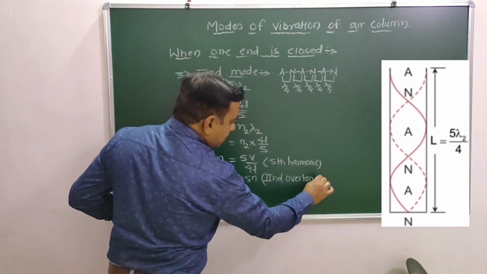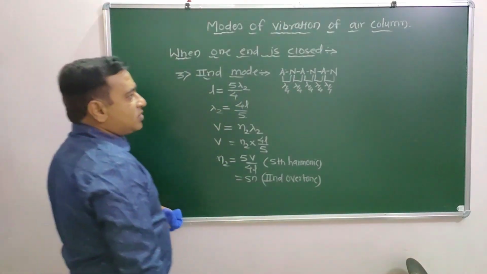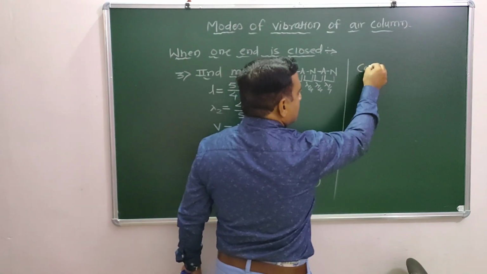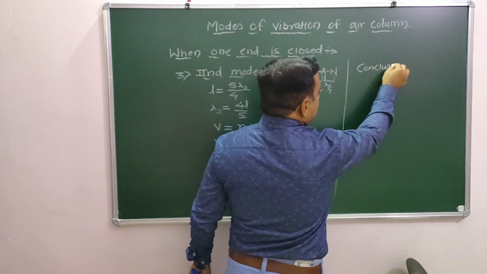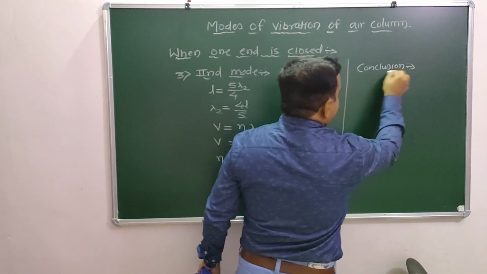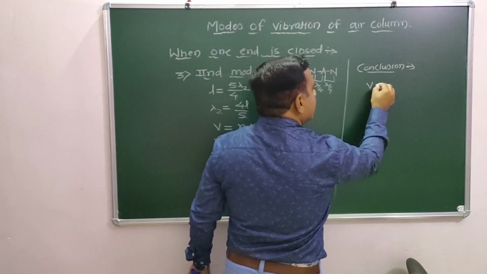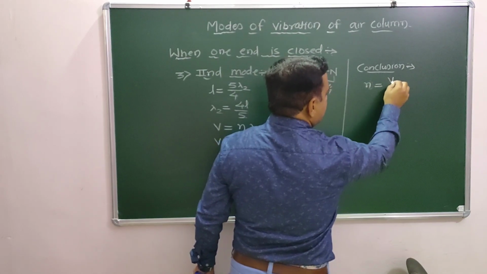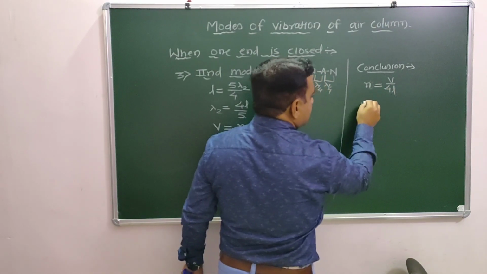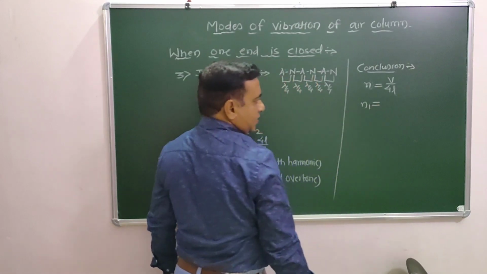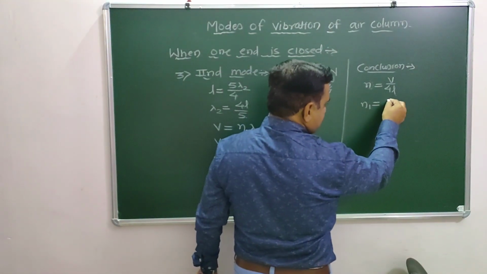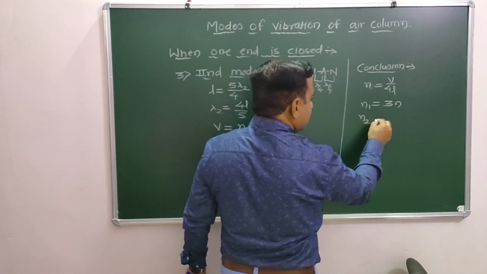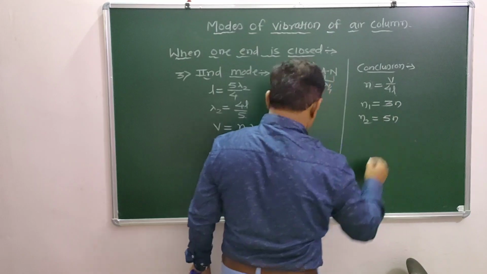Now time to draw the conclusion. Very simple conclusion. As we know, the first fundamental frequency N is equal to V upon 4L. So corresponding first frequency after fundamental is 3N. Now the second one is 5N.